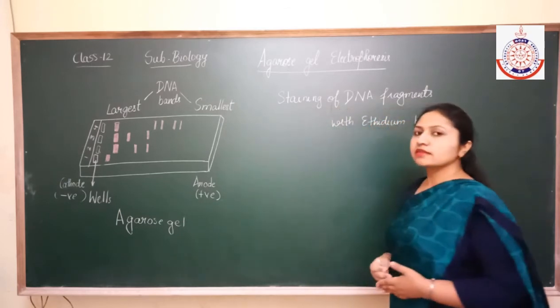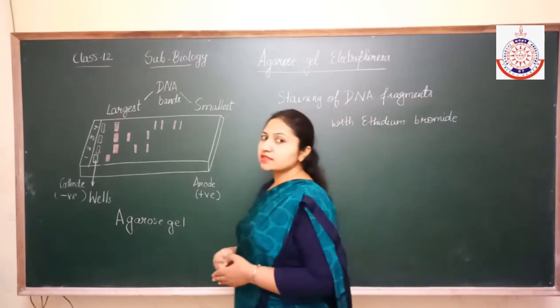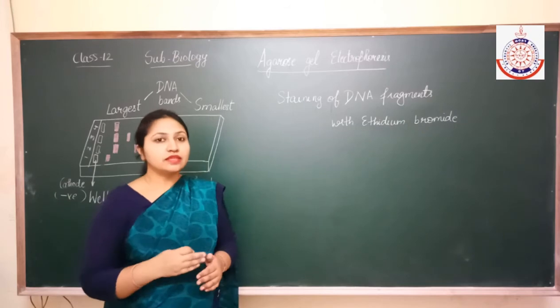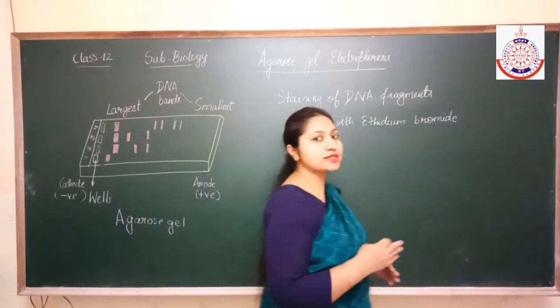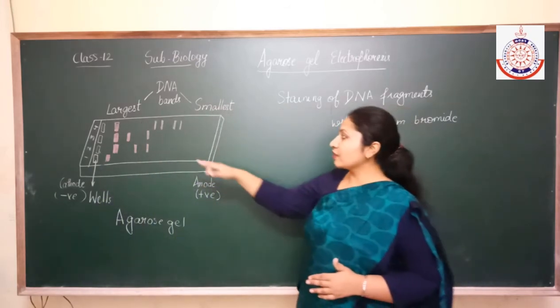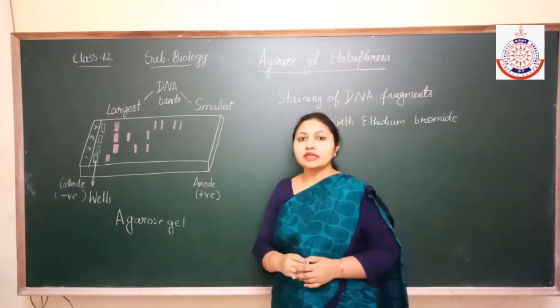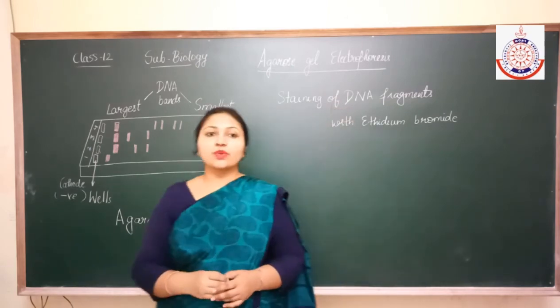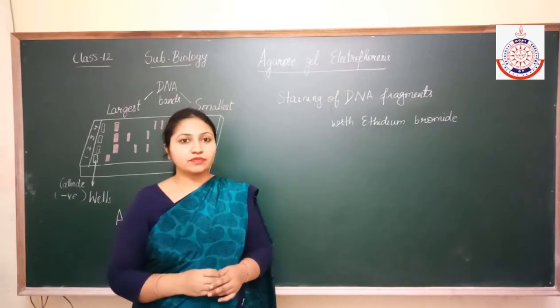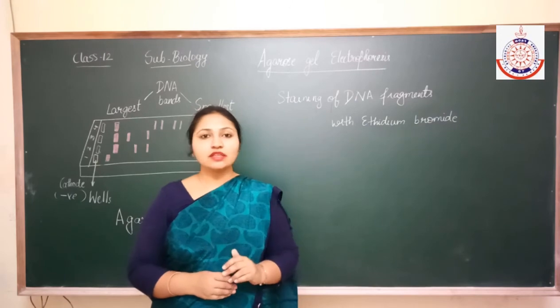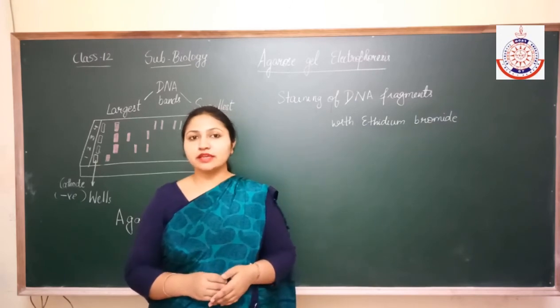But what is the reason that these DNA fragments are stained with ethidium bromide? Because the DNA fragments which are separated over the agarose gel, we are not able to see them in visible light. So that's why they are stained. If this gel is in visible light, we are not able to see the DNA fragments.